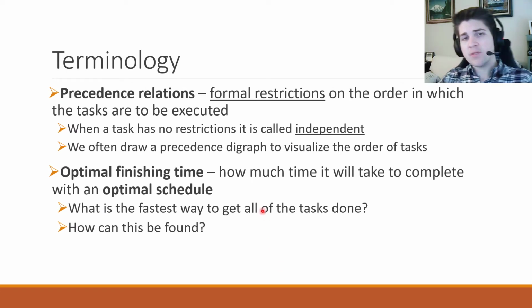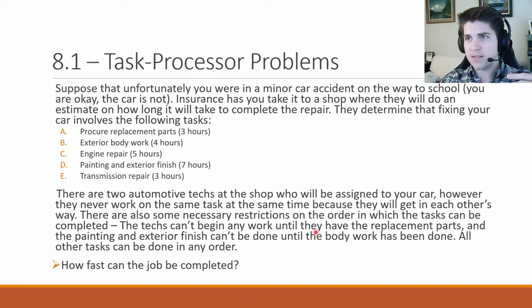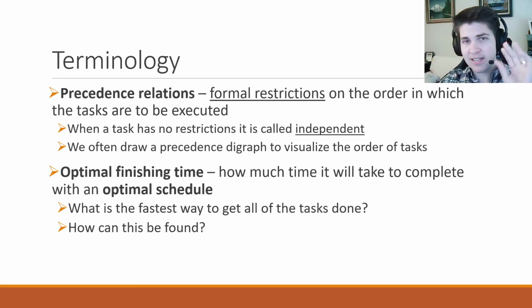Also, the precedence relations, I mentioned the term precedence before, those are the restrictions on the order we need to do the tasks in. So in that problem, we had a few precedence relations. Those would be the fact that they couldn't do any work until they had the parts, and the fact that they couldn't paint it until they fixed the bodywork. So there's a formal set of restrictions on the order you must follow. The precedence relations are things that you cannot violate in these problems, and if you do, you're not really solving the problem.